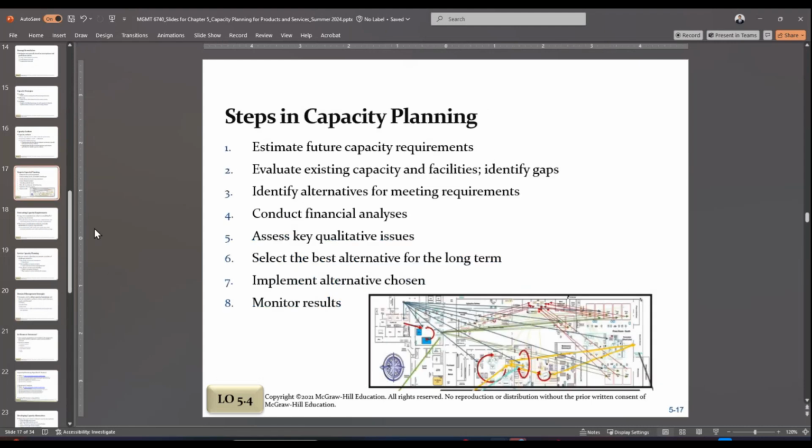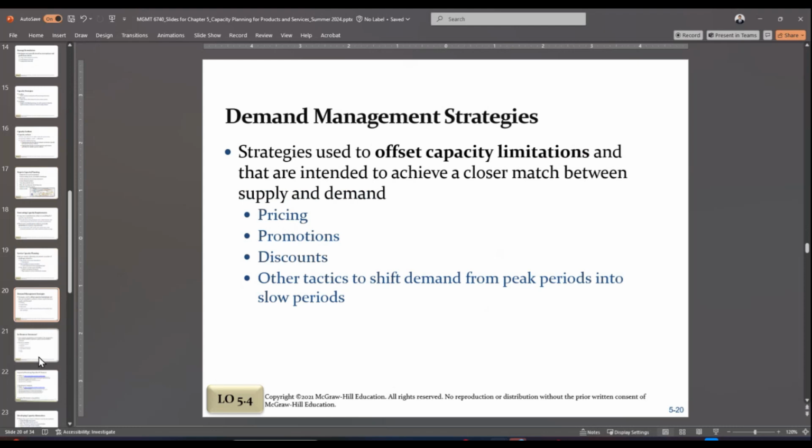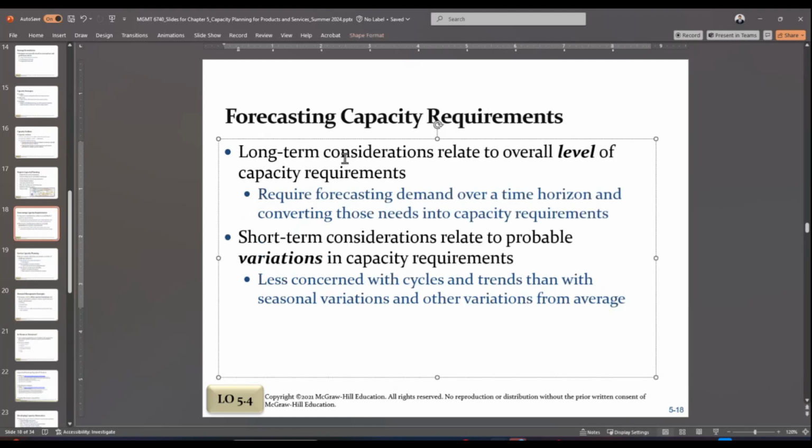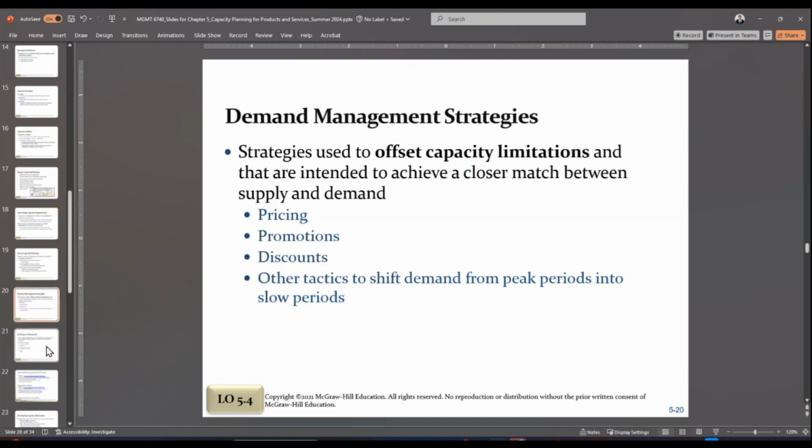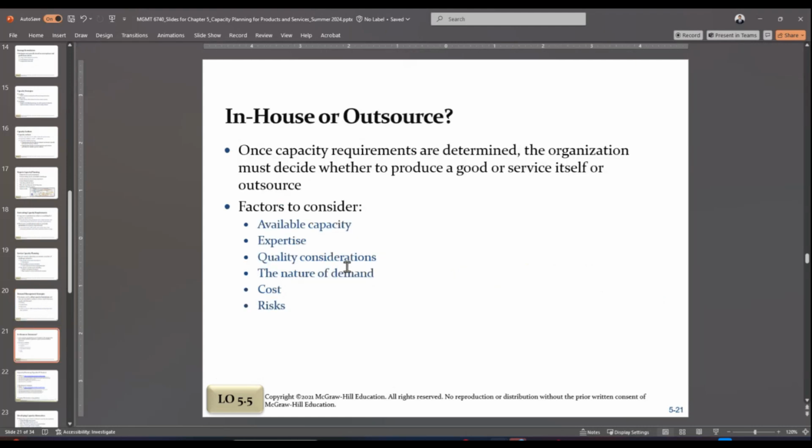Coming back to the last point, the tactic to shift demand from peak to slow periods: if the customer says they'll keep the same 180,000 for 3 months and then come back, maybe you should increase your inventory and overproduce, with the hope that when the demand is 180,000, you have inventory to sell. In that case, you don't have to add capacity. So these are some of the tactics you use to offset the capacity limitation.